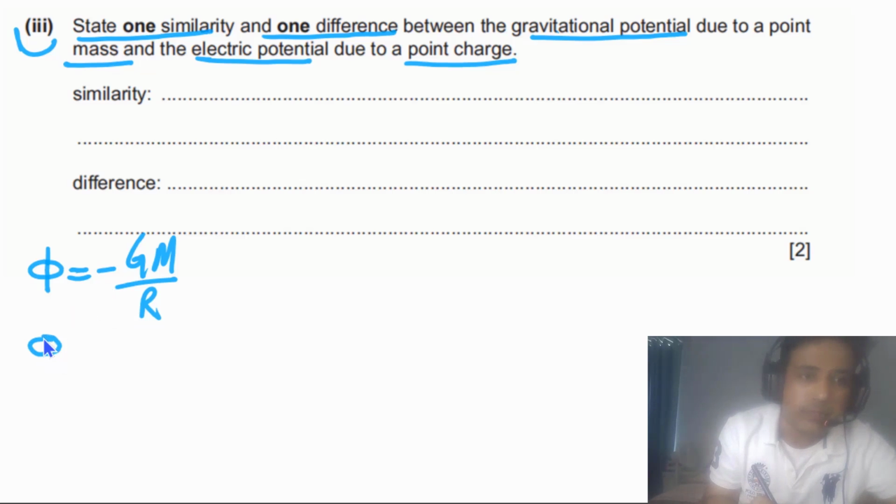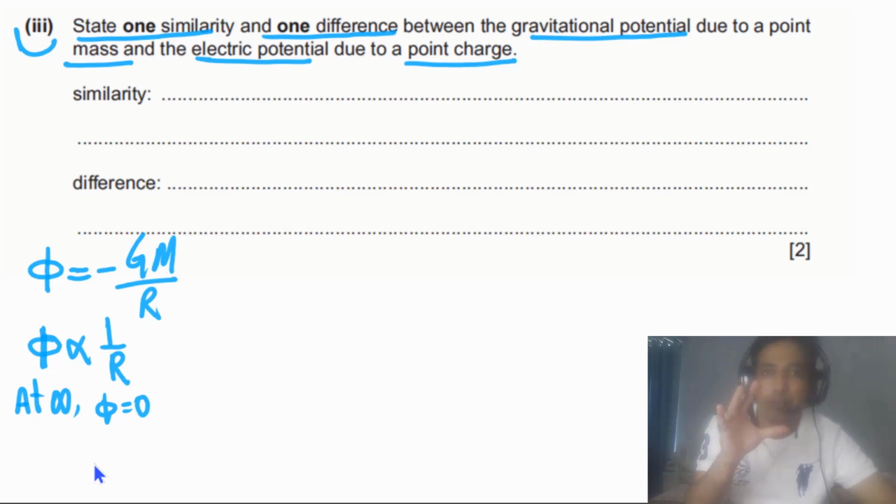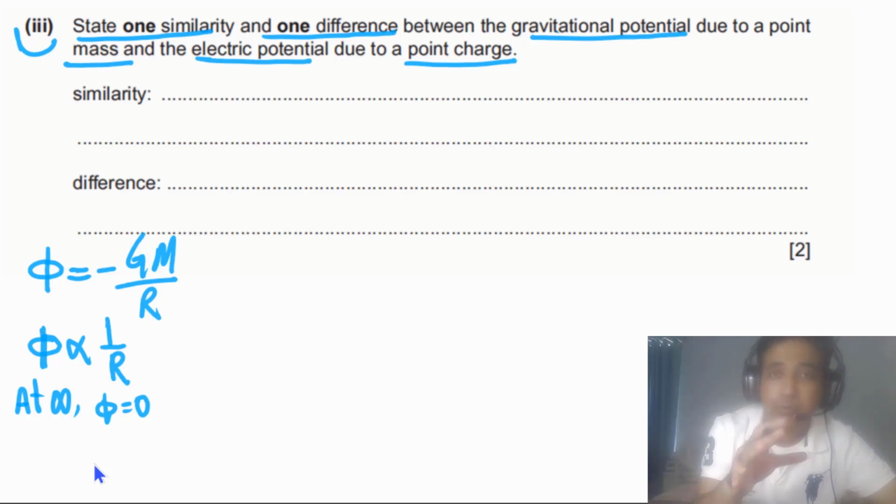From here we can see that potential is inversely proportional to distance from the point mass. And at infinity potential is defined as 0, meaning at infinite distance from the point mass potential is equal to 0.